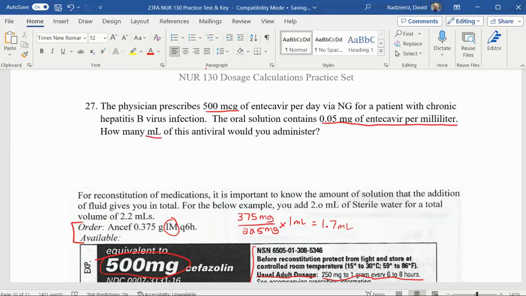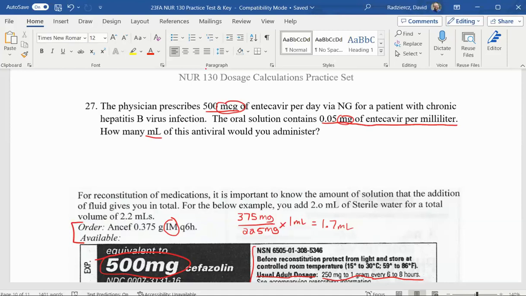Problem is you have micrograms and you have milligrams, and you can't do math when there are two different units. You need to convert those units. You either need to convert milligrams to micrograms or micrograms to milligrams. It doesn't matter what you do as long as you do that conversion.